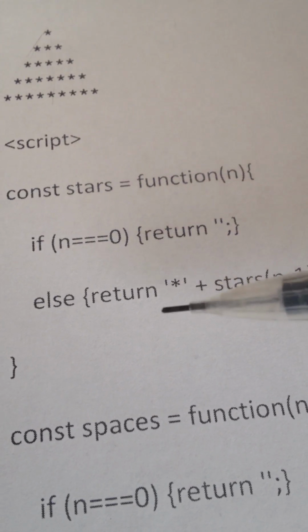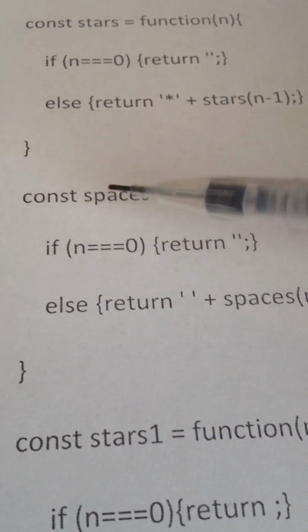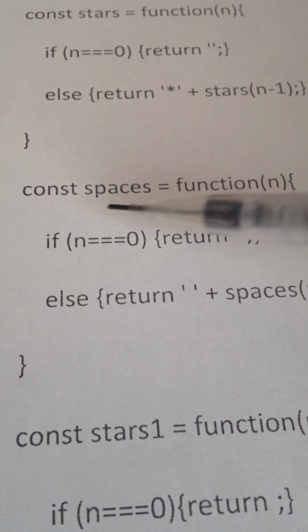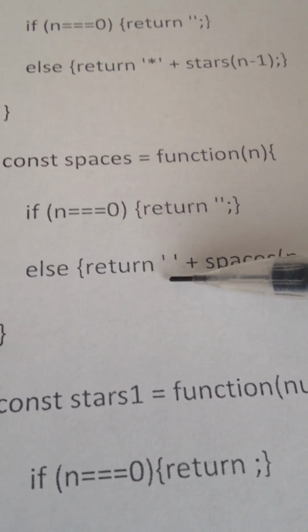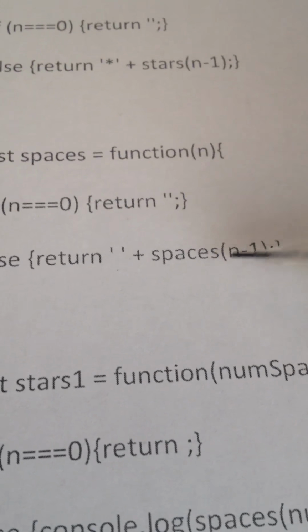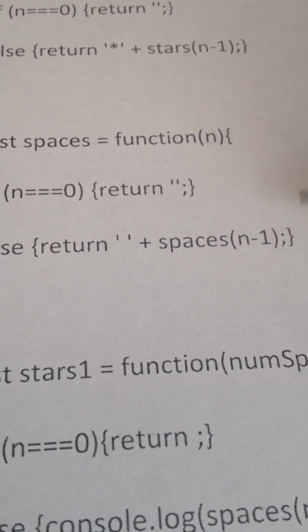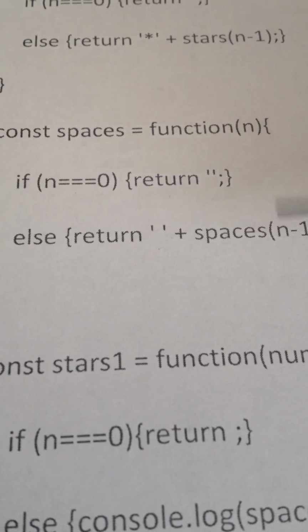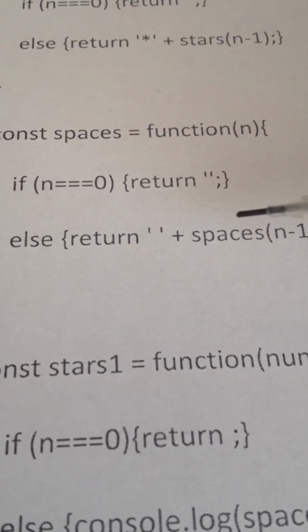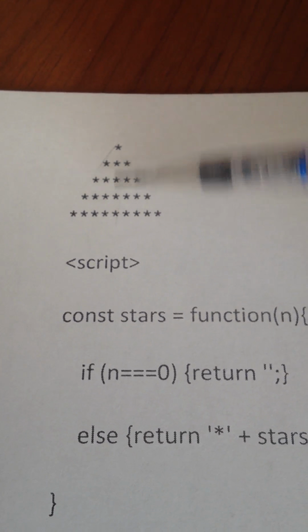So keeping this in mind, we're going to use this later. We're going to get to the spaces function, which is going to return a space concatenated with the same function with an n-1. So that n is basically going to be responsible, let's say, for the height, for the number of lines.